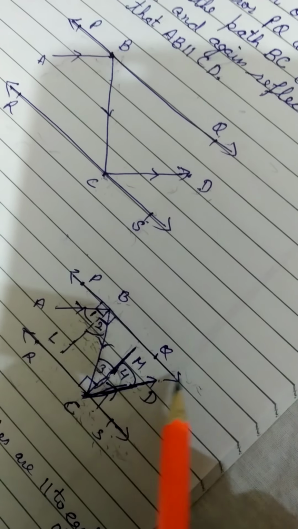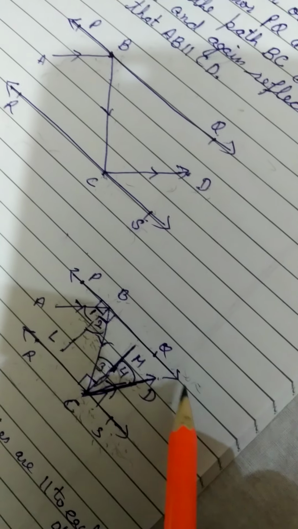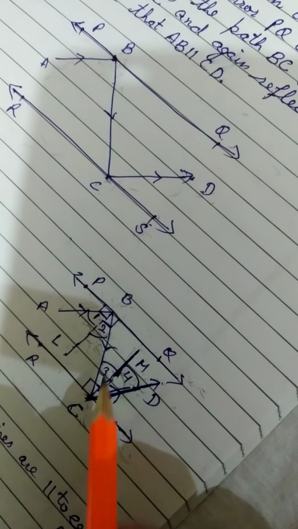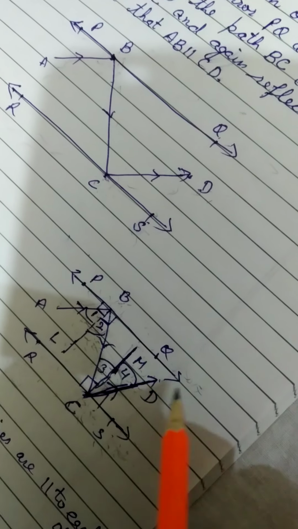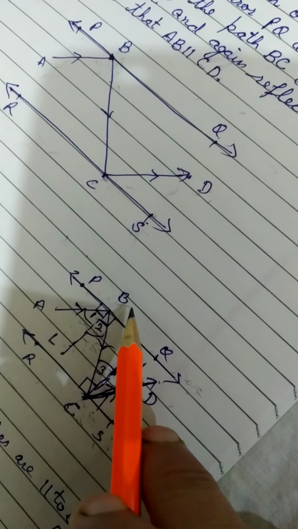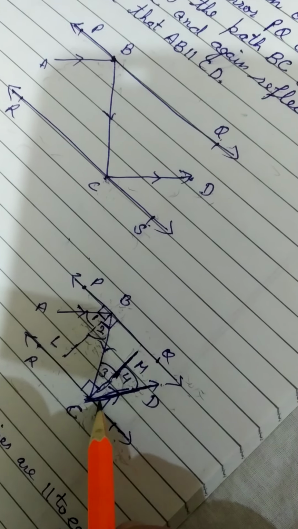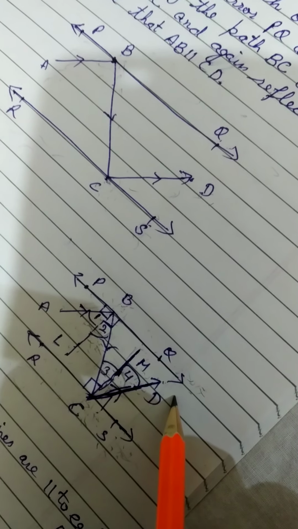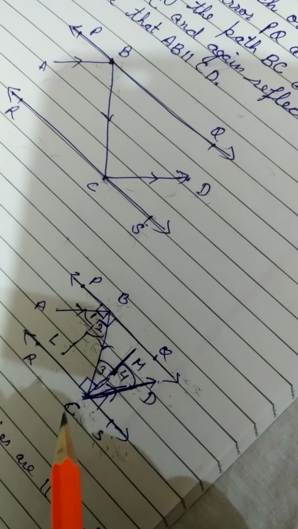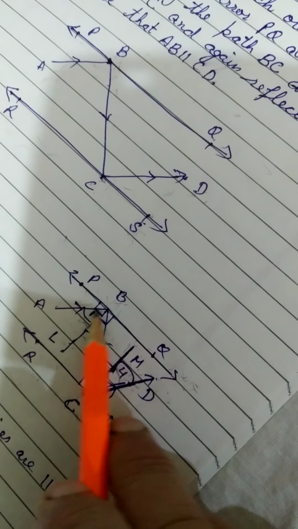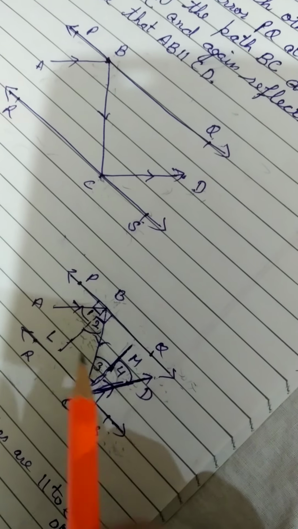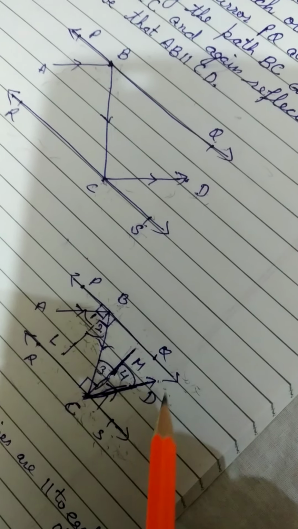These are again forming a Z, the alphabet Z. Then it is clear that angle ABC and angle BCD are forming alternate interior angles, but we have found that these angles are equal, means that AB is parallel to CD.